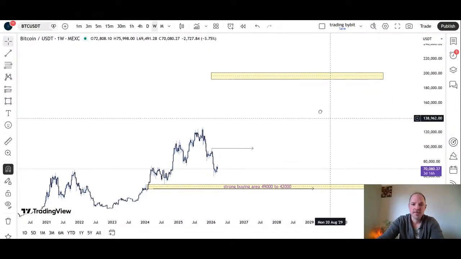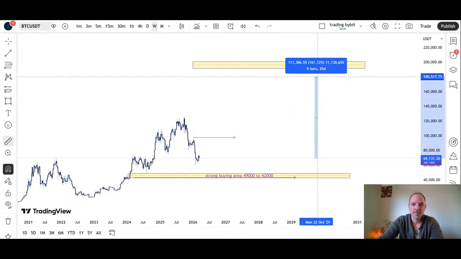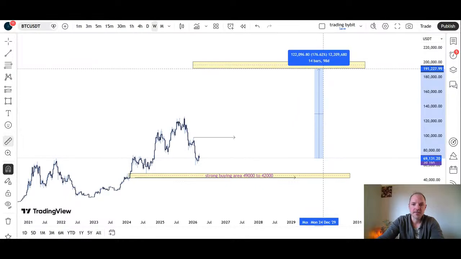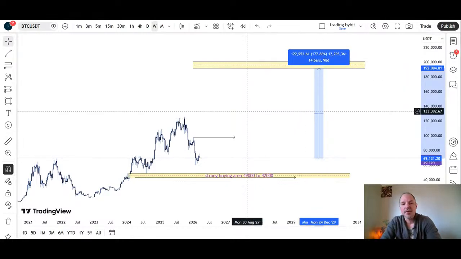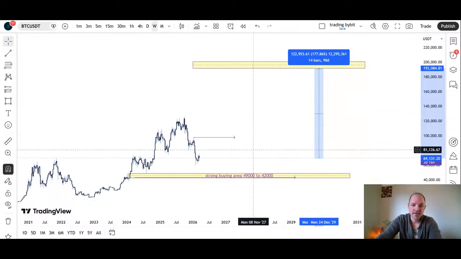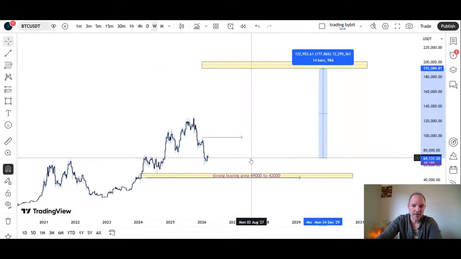So this will be my selling area. If you go from here to that area, that's 170%, with doing nothing, people, just sitting here on your hands. That's if you buy right now. That selling price will be there in the next 5 years. So that's 177% on your money on average.